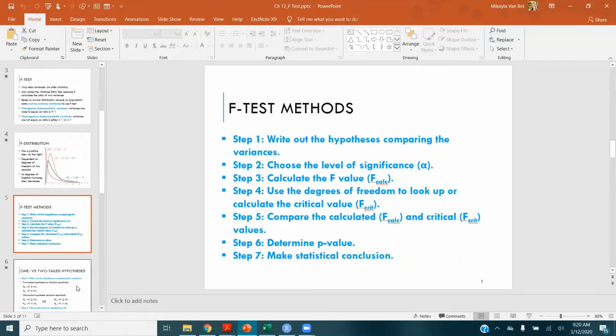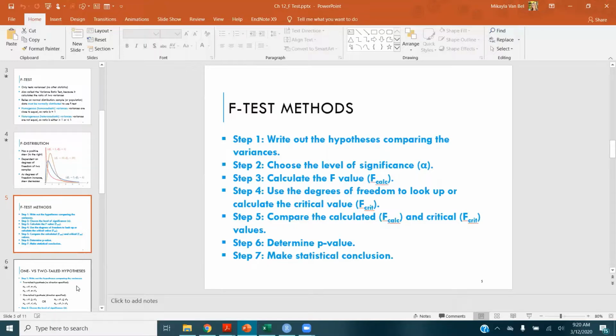I always like to provide a summary method slide for how to do these tests. Again, the F-test is primarily used as a pre-test for two-sample t-tests, which we'll see in the next video. But in this chapter, we will just look at it as a standalone test. The summarized methods are to, as always, write out the hypotheses, choose the level of significance, and then slightly different, now we're going to calculate the F value or F calc.